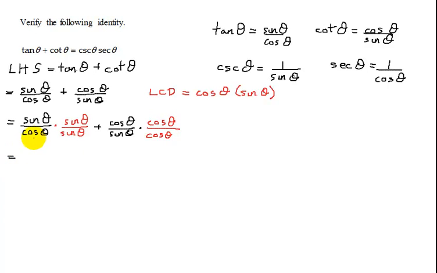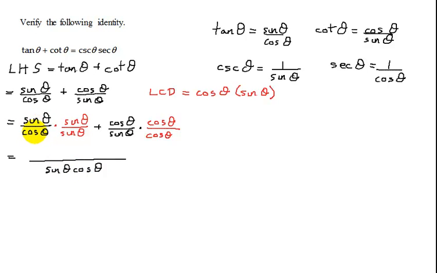So now this denominator, cosine theta times sine theta, is equal to sine theta times cosine theta, because remember, multiplication is commutative. So I'm going to write it as sine theta cosine theta. I could have written it the other way around.